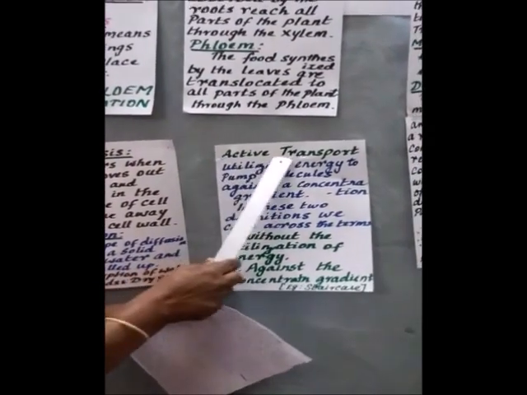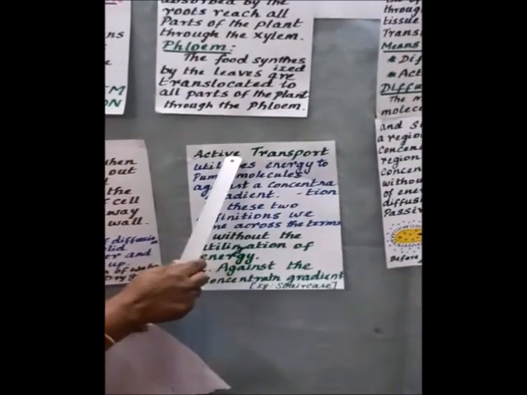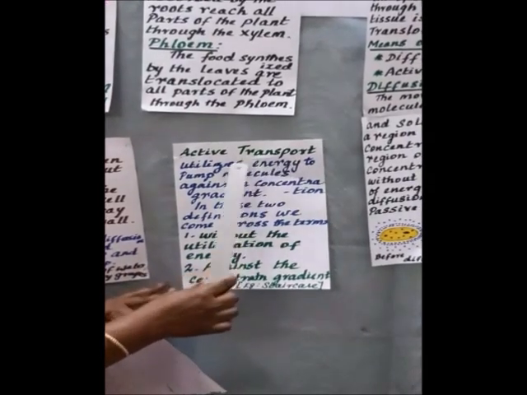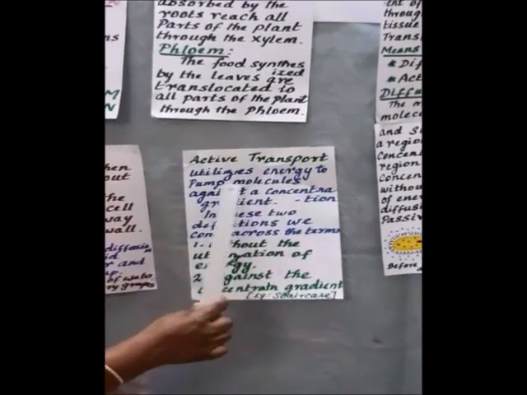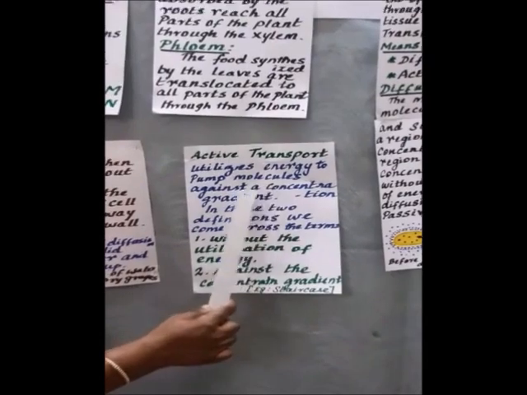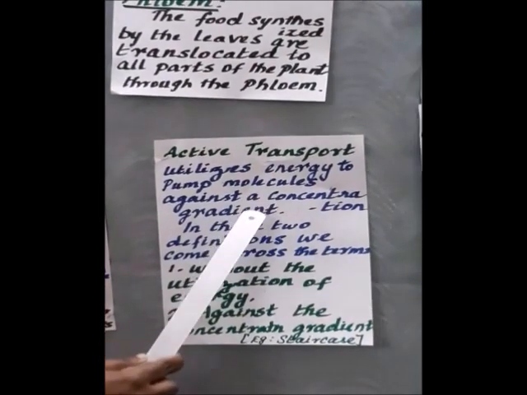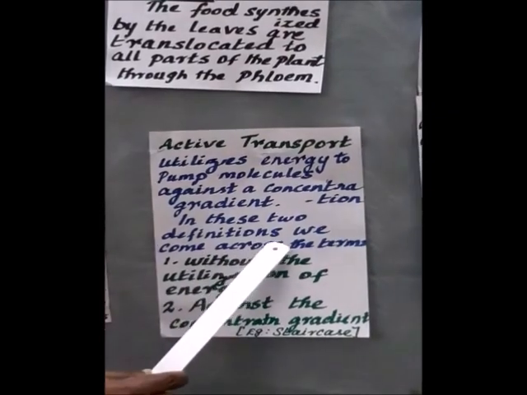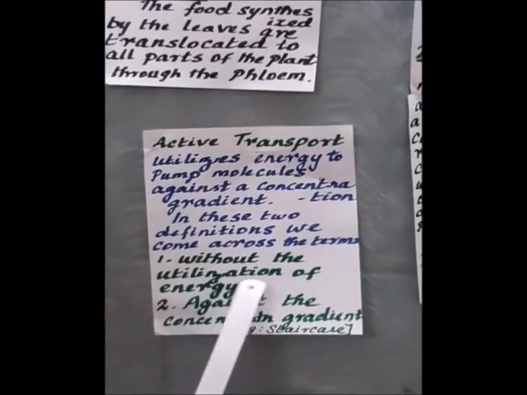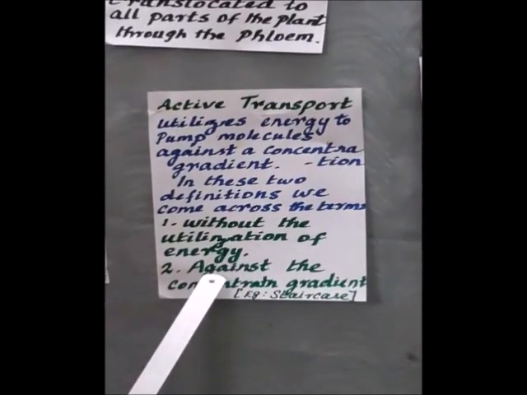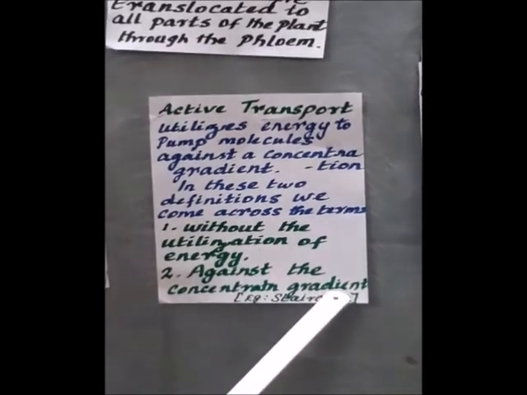Next, active transport. What do you mean by active transport? It utilizes energy to pump molecules against a concentration gradient. In these two definitions, we come across the terms without the utilization of energy and against the concentration gradient. Let us see one example.